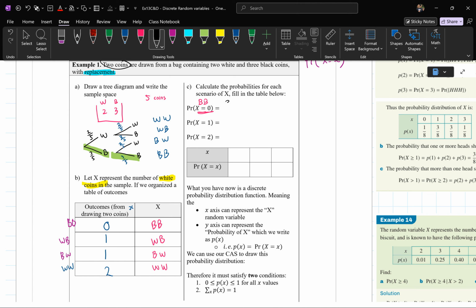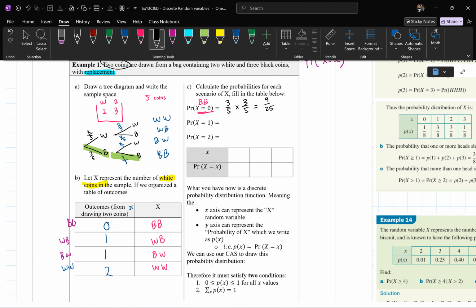This is like 60%. So you've got 60% to get a black on the first go, and then 60% chance of getting a black on the second go. So it's 60% of the 60%. That gives you 9 out of 25 chance of getting 0 white coins.